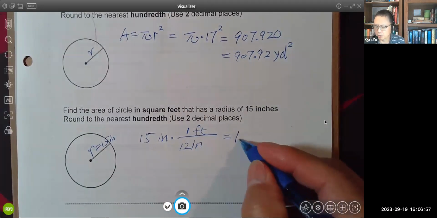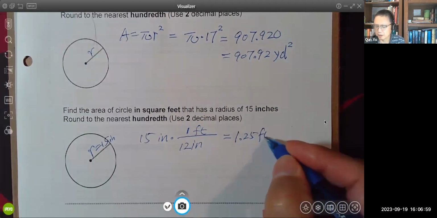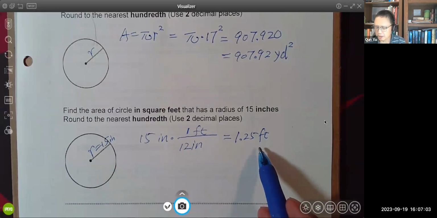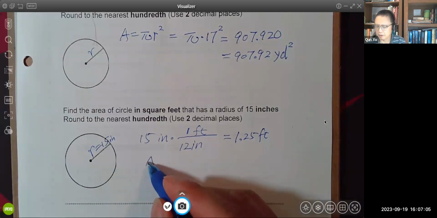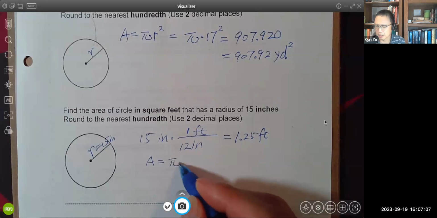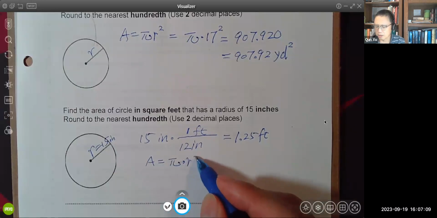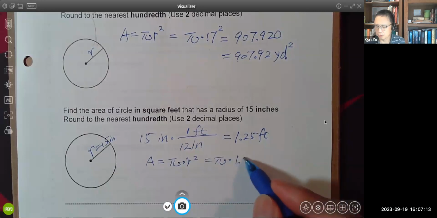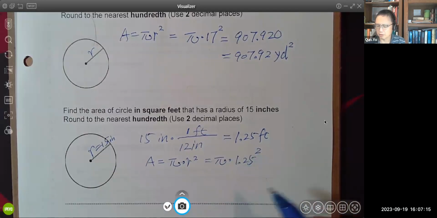So we get 1.25 feet. This is the number we are going to use in our calculation. So the area of a circle equals pi times r squared, where r is 1.25 feet, squared.